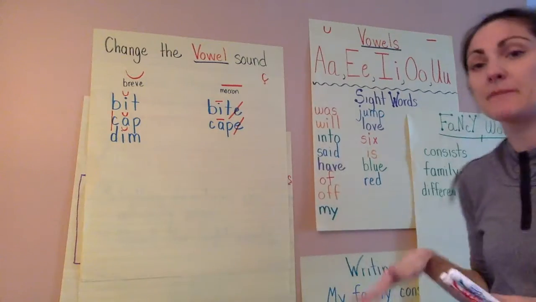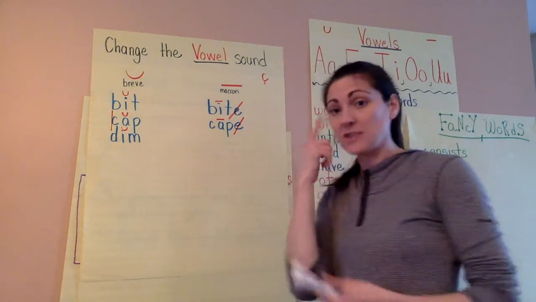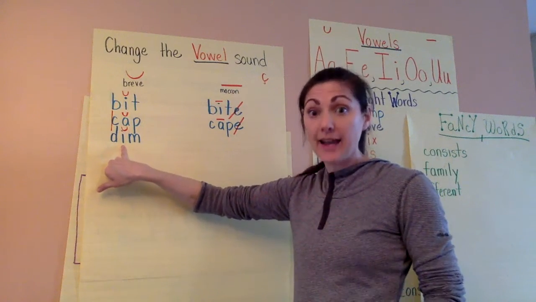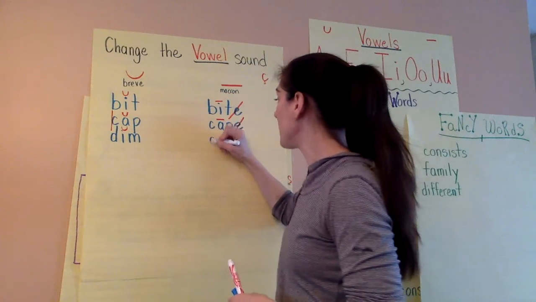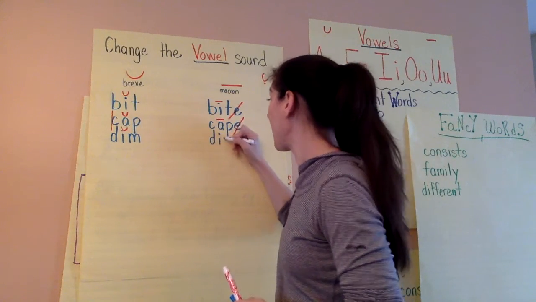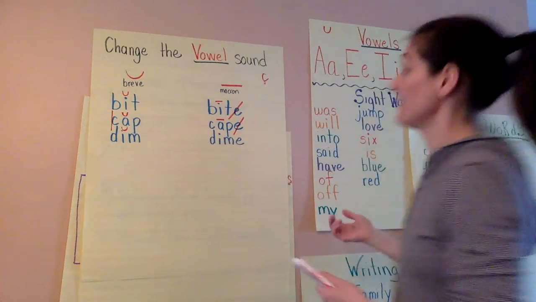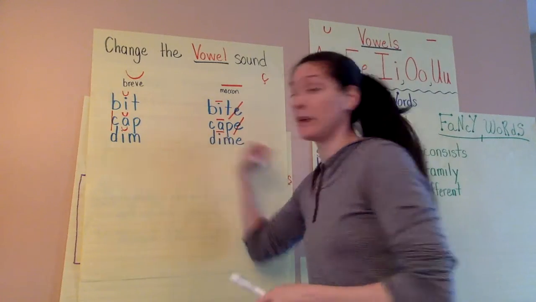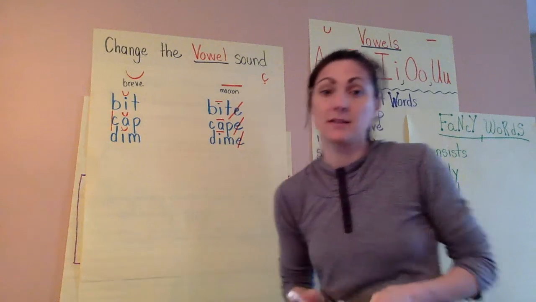All right, so I could dim the lights. How could I now change it to a long sound? So first, think about the vowel. What's the vowel? I. So I is going to say its own name. So now I'm going to have d, i, m, e. Okay. Dime. Like a coin. So I'm going to code this as put a macron because it makes a long sound, and I'm going to cross off the E because I don't hear it.